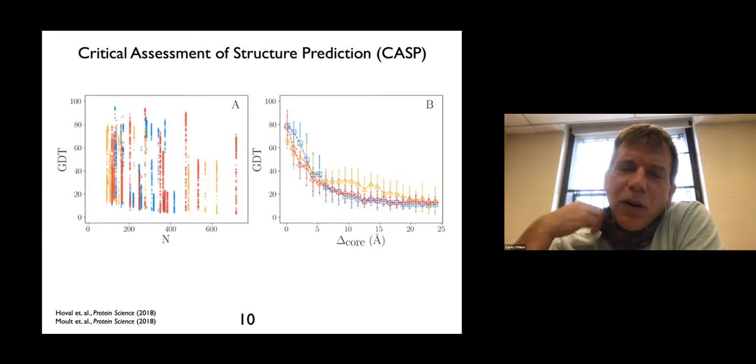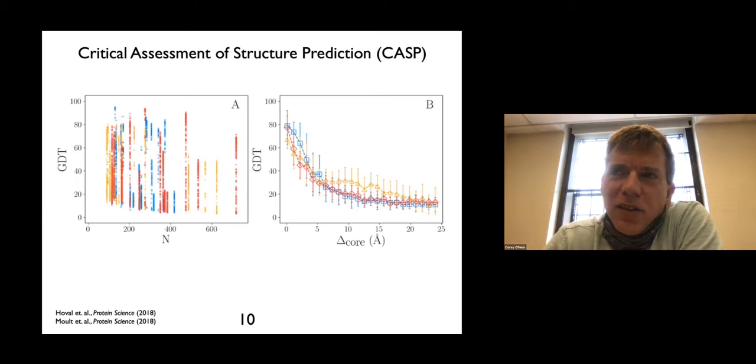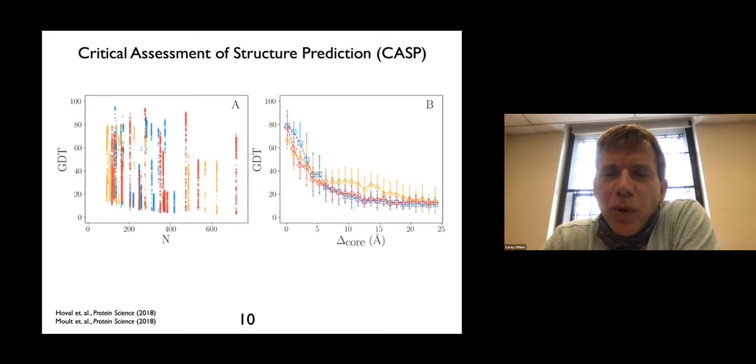One thing that we've been focusing on in my group is the core of proteins. Remember I said that different amino acids behave differently. Some are non-polar, some are polar, some are charged. And so what we've been focusing on are amino acids that occur in the core.